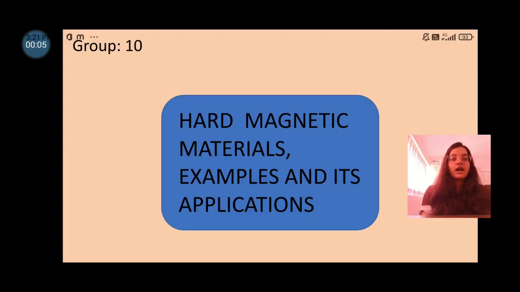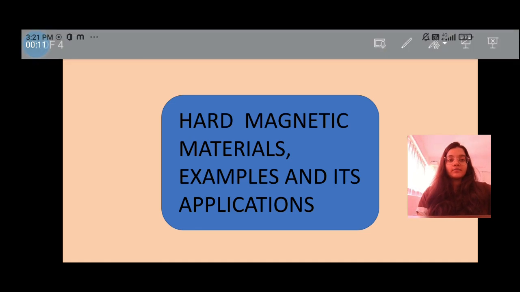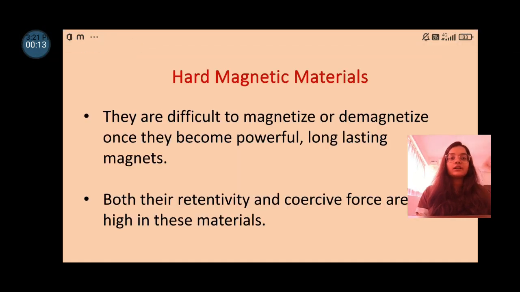Our topic here is hard magnetic materials, examples and their applications. So I'm going to explain what exactly hard magnetic materials are. Hard magnetic materials are materials that are difficult to magnetize or demagnetize, and once they become magnetized they are powerful, long-lasting magnets. Also, their retentivity and coercive force are high as compared to soft magnetic materials.